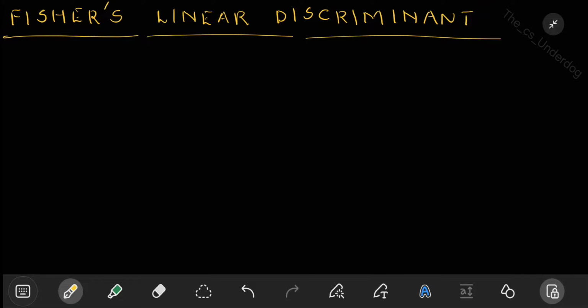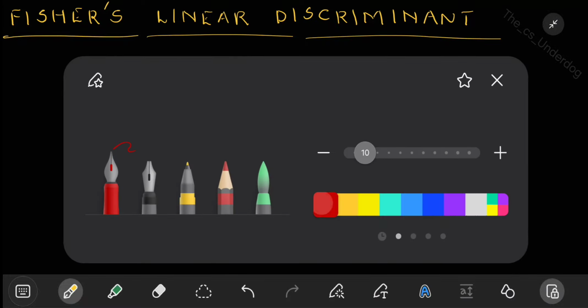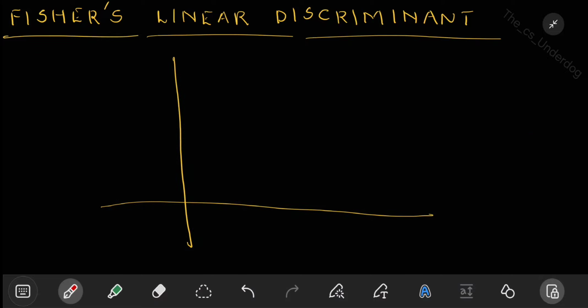Let us say you have two classes. So this is your axis and I'll say one class is, let's say, red. In the red class you have a lot of points here. All these points belong to the red class. You have one more set of points.